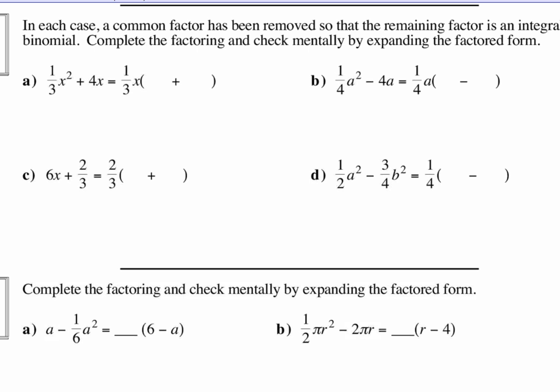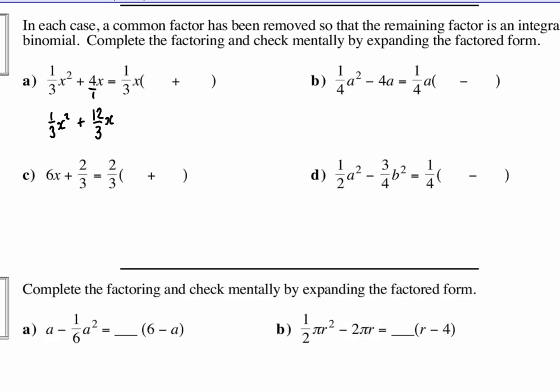So, if you have 1/3 x plus 4x, what's the fraction with 4? It's 4 over 1. So, to get a common denominator, I would want it over 3. So this would be plus 12 over 3x.